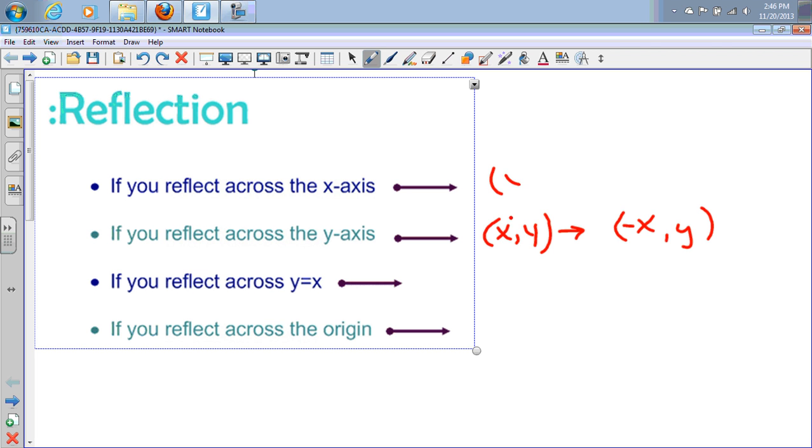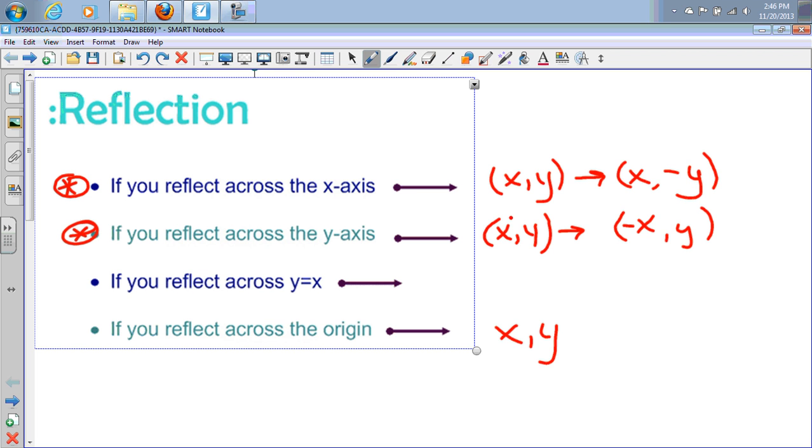So what do you think is going to happen when we reflect over the x-axis? The x is going to stay the same, but the y is going to switch to its opposite. These are the most common reflections that we will do. What if we reflect over the origin? x, y is just going to become the opposite of everything.